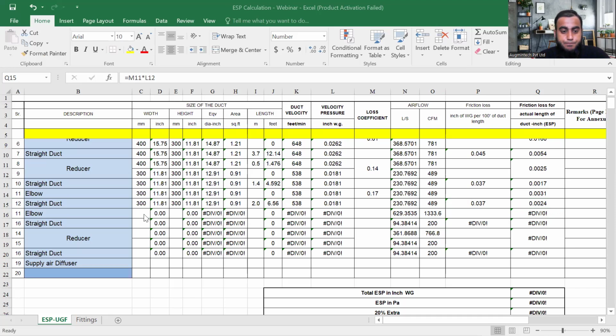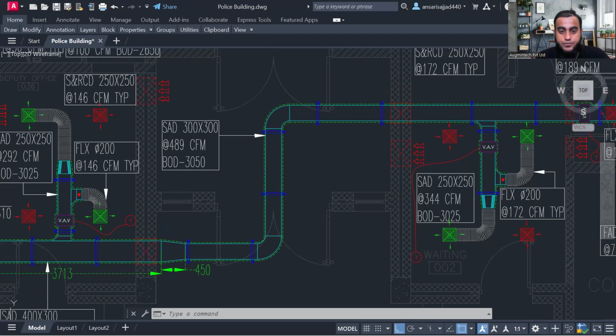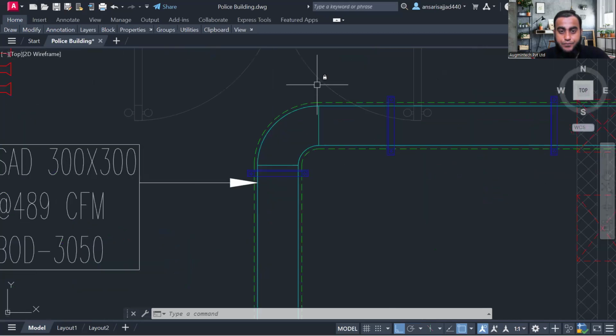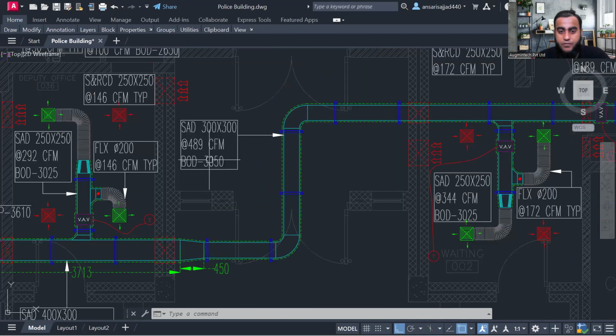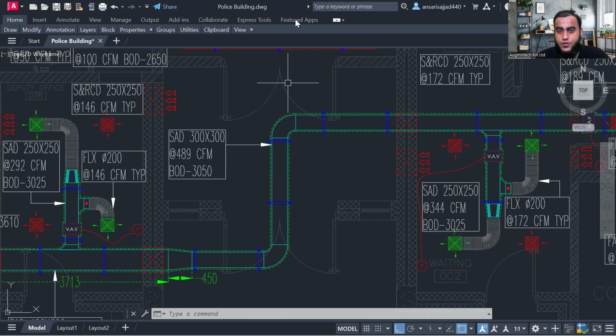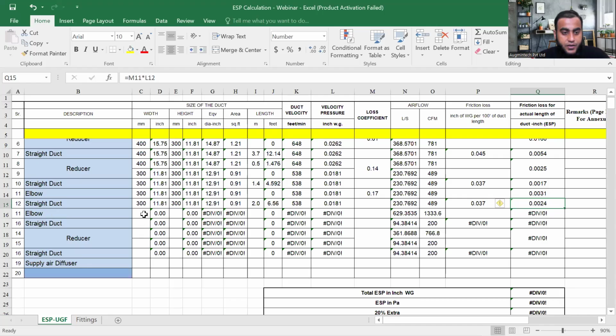Clear this thing? Now when you see in your layout, again we have an elbow after this straight duct. The elbow, flow rate and everything is the same, so we have already calculated for that elbow. See, same value, I'm writing 300 and 300.